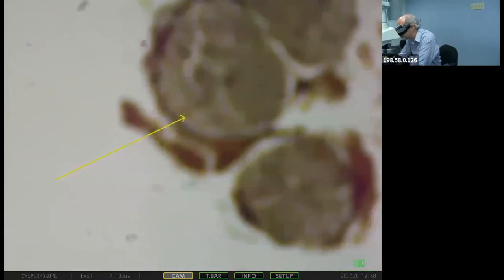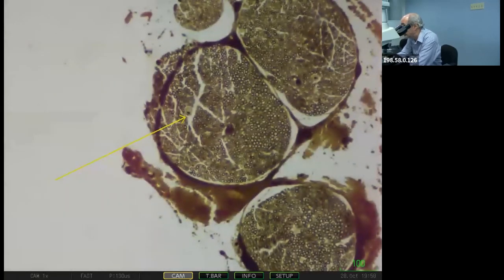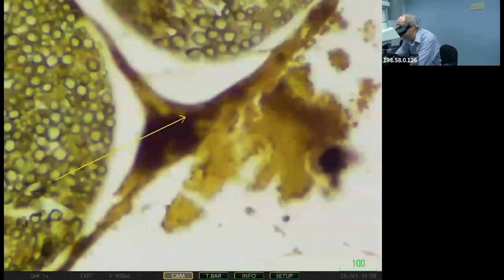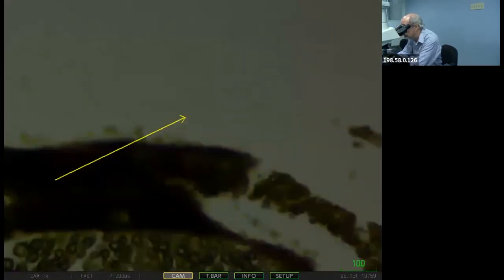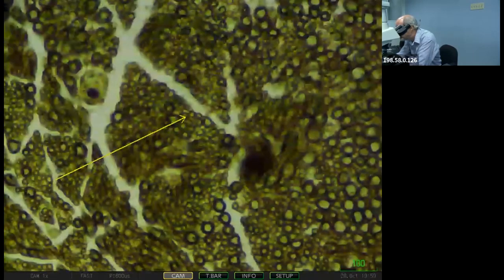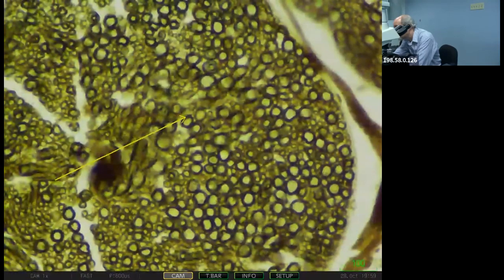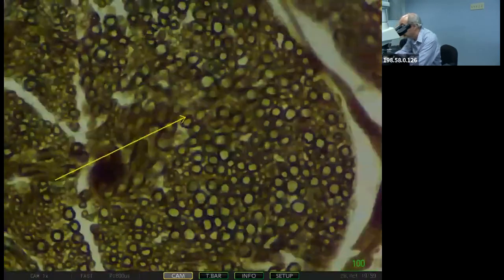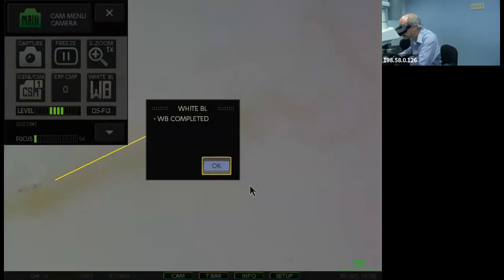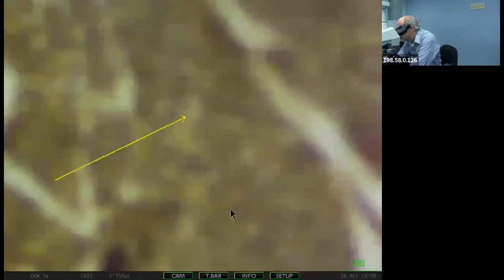So there is this staining which is called osmium tetroxide, and you can stain your nerve.